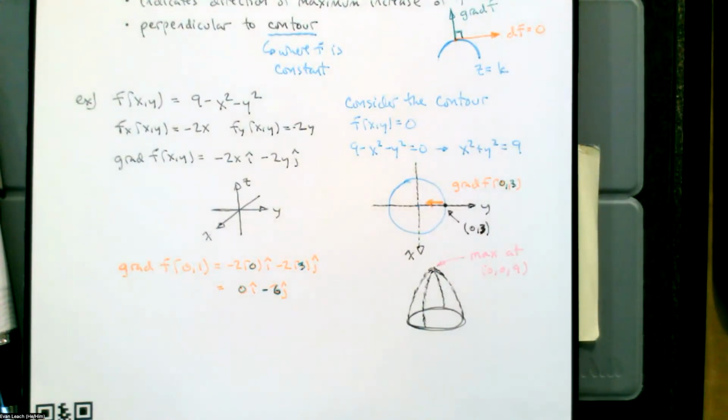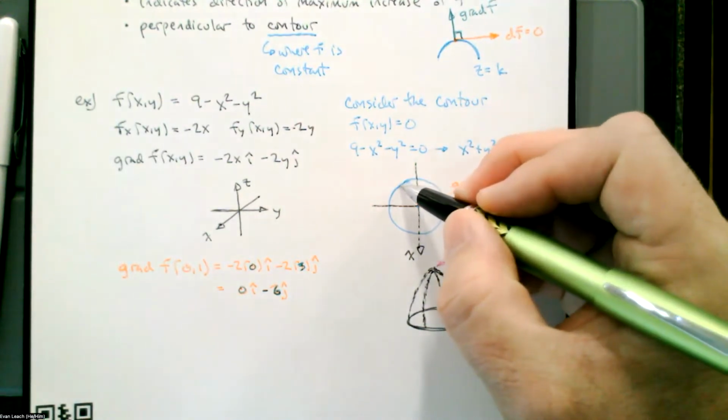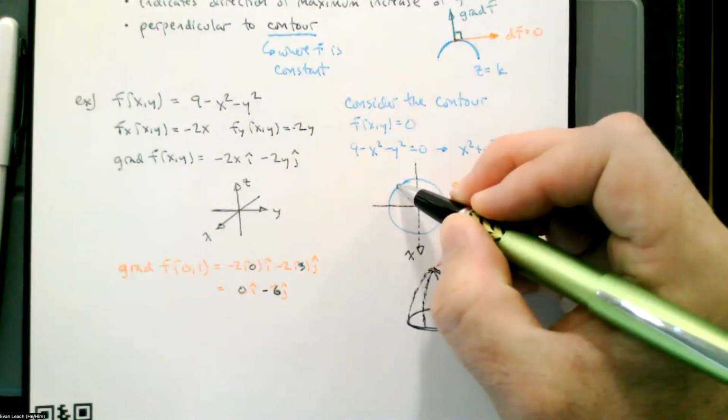Let's pick another point. Now I'm concerned because I already messed up 0, 3 instead of 0, 1. What would be the point? Let's grab another point. Let's say let's just put it at a 45-degree angle in quadrant 2.